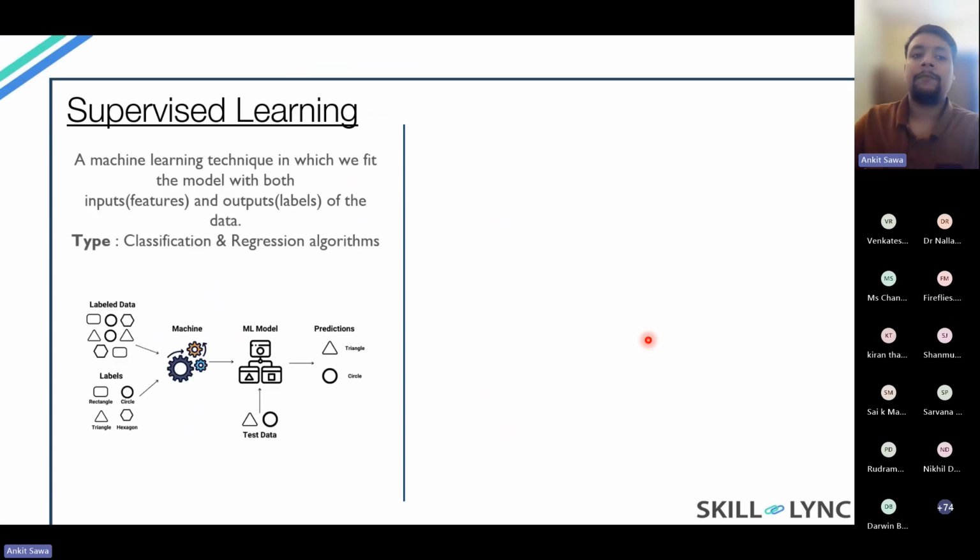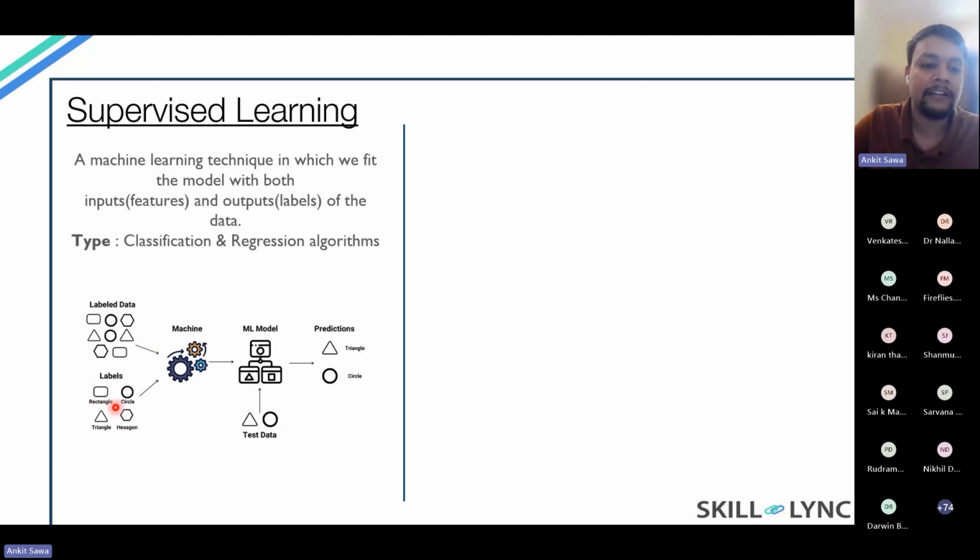Now we'll talk a little bit in detail on what supervised learning is. It's a technique where we basically fit a machine learning model with both inputs and outputs of the data known, right? So if you're seeing the image here, you can consider this labeled data as a data set which contains different shapes, and these labels as identification of those data.